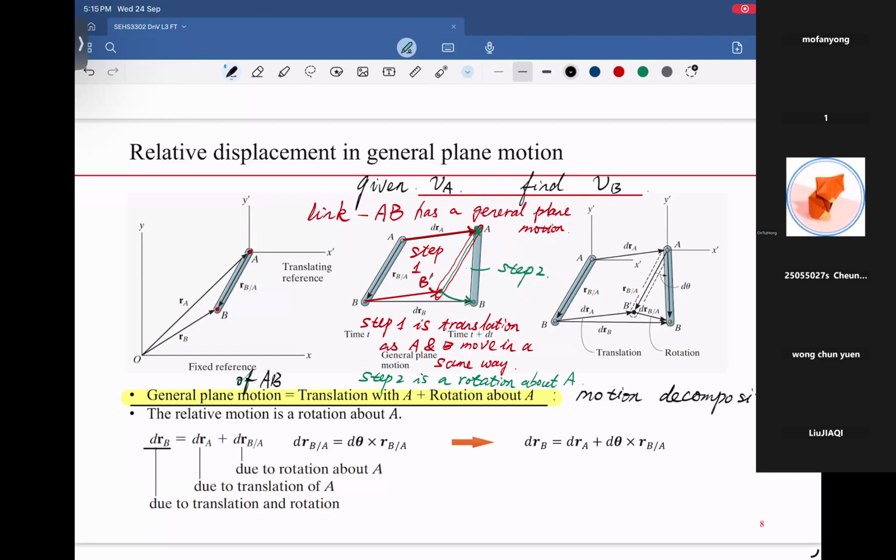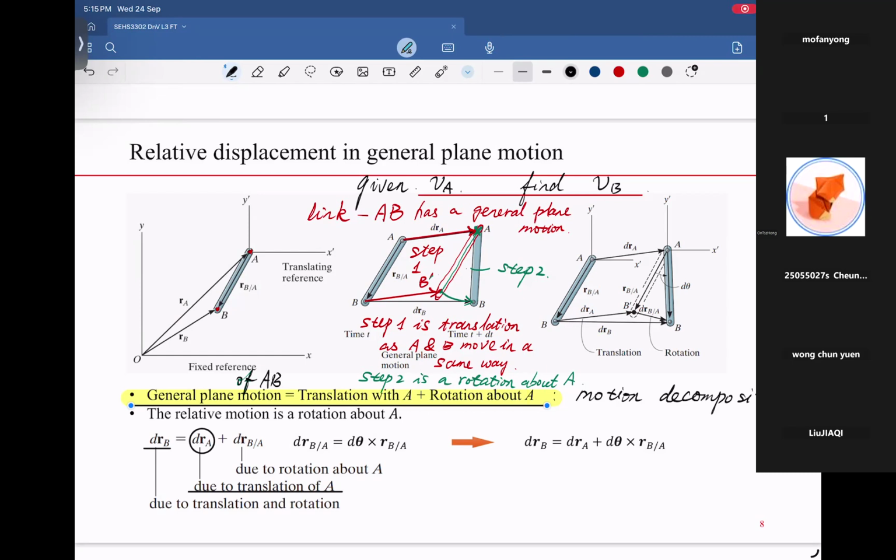Firstly, particle B experiences the same motion as A during the translation, because A and B have the same motion.